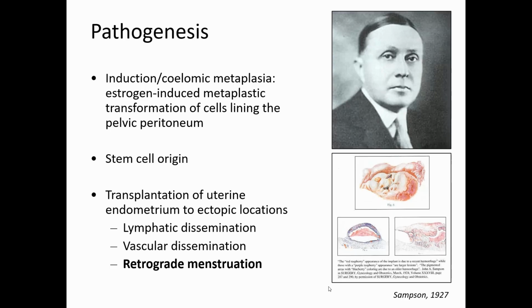One of them is induction. In this particular theory, estrogen is thought to induce metaplastic changes in the cells, the epithelium that lines the pelvic peritoneum. There's also a theory that endometriosis has an origin from stem cells, especially either uterine or bone marrow derived stem cells that have a particular predisposition to implantation in the pelvic peritoneum.